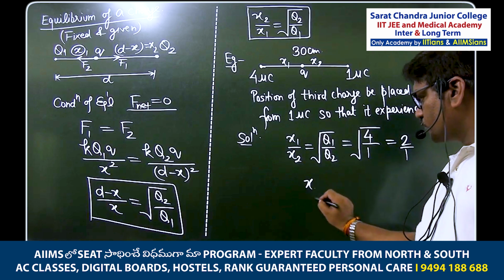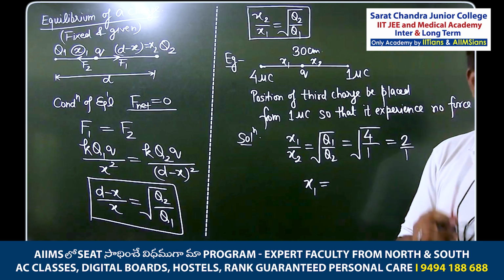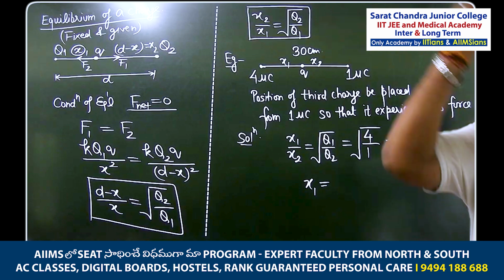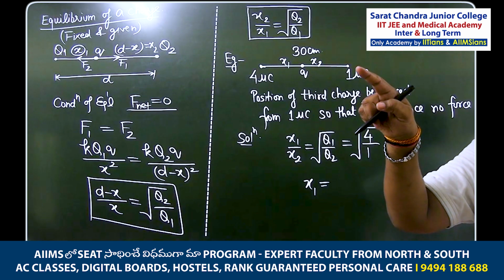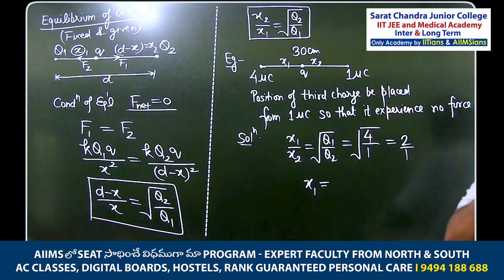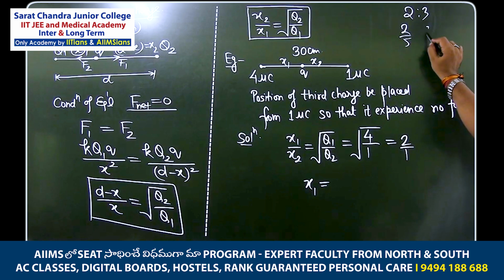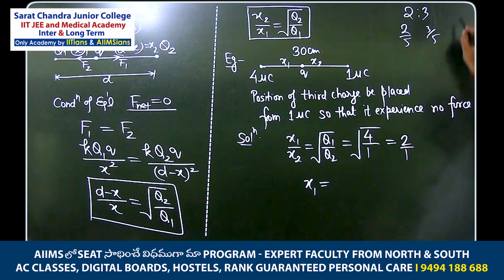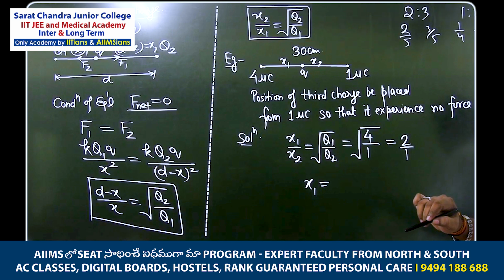If I have to find out x1, if you know the ratio thing, suppose the ratio is 5:4, then one fraction is 5/9, the second fraction is 4/9. Yes or no? You should know how to use fractions. Like if I say 2:3, then you will say 2/5, 3/5. If I say 1:3, you will say 1/4, 3/4. Yes or no?